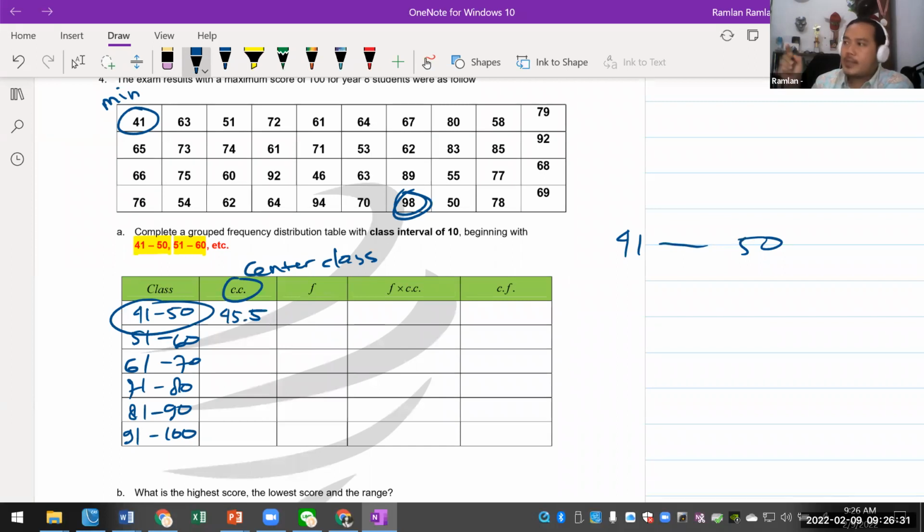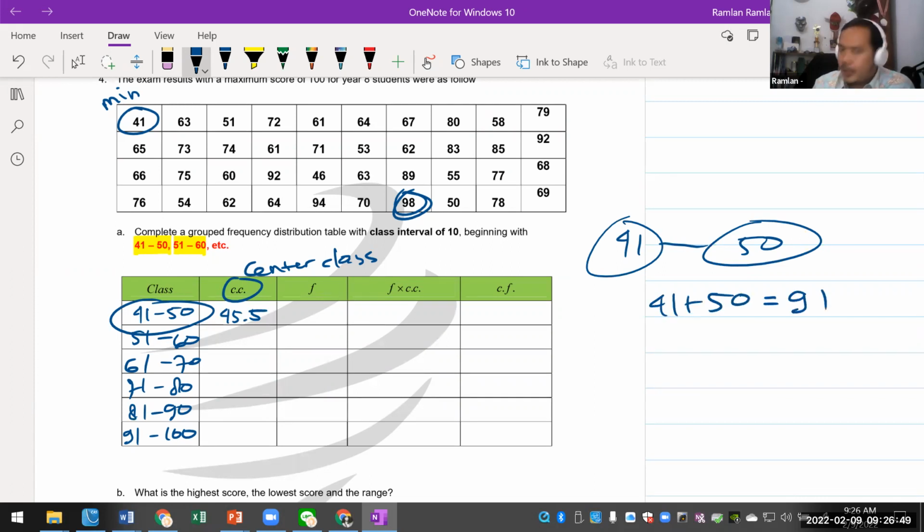Okay. There is actually another way to find that 45.5. When you want to find a midpoint, titik tengah, ya, kamu tinggal tambahin terus bagi 2. You add these two numbers and then divide by 2. So if you add 41 plus 50, that will be 91, right? And if you divide 91 by 2, you'll get 45.5. Just check it in your calculator.